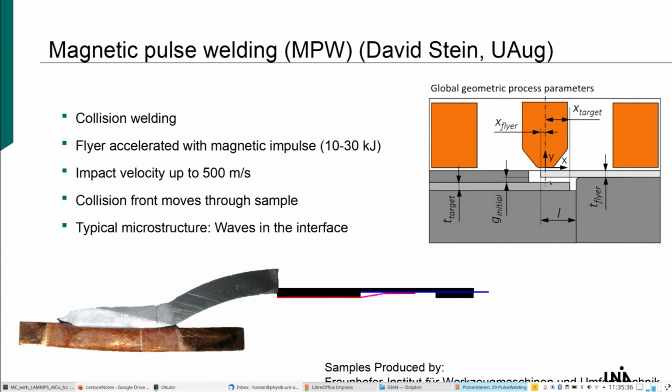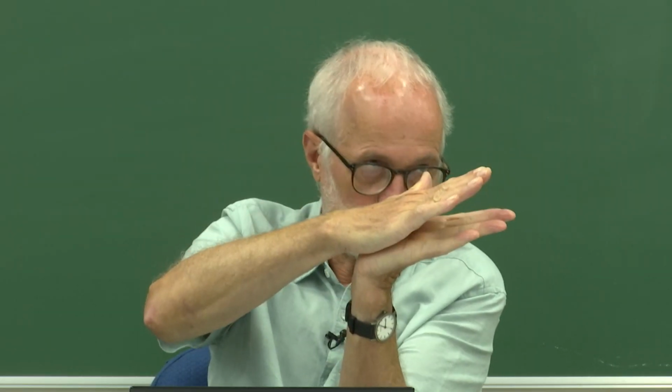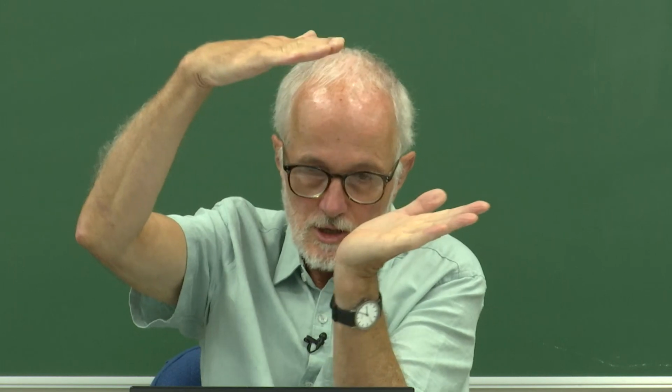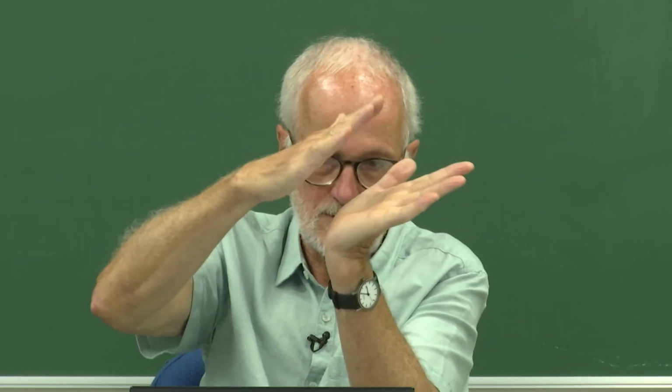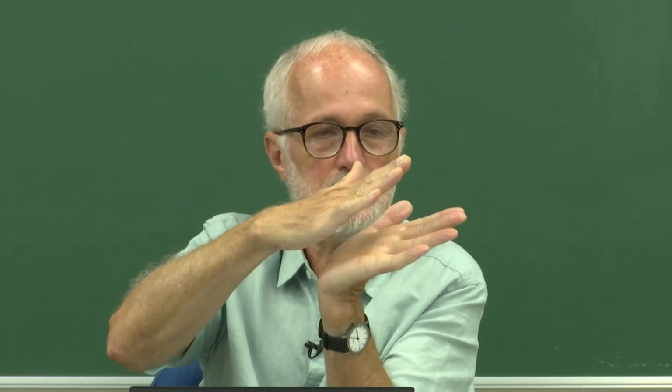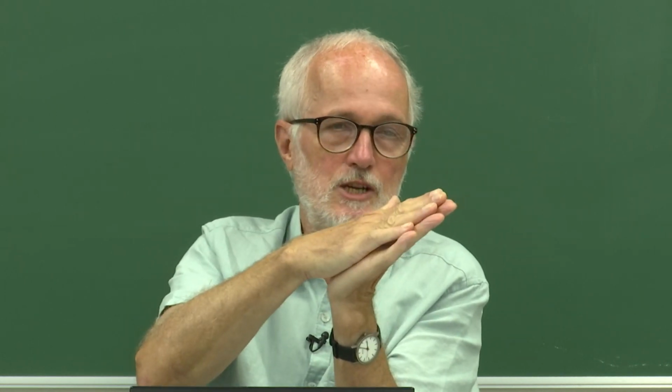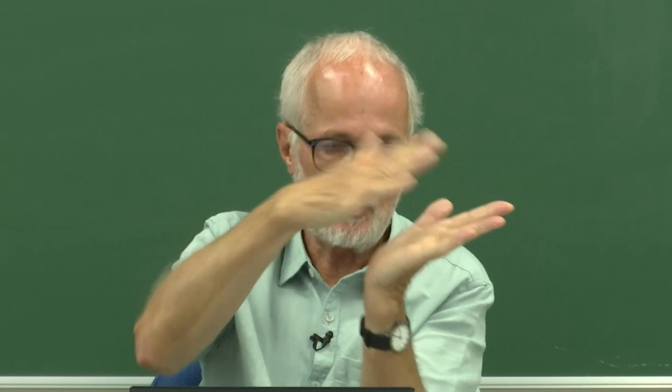And this distance, as you can easily imagine, decides how they hit each other. And this then translates into a collision angle. So initially they fly like this, but it's slightly inclined. And then you have an elastic or plastic deformation moving through this material. It's shown here.